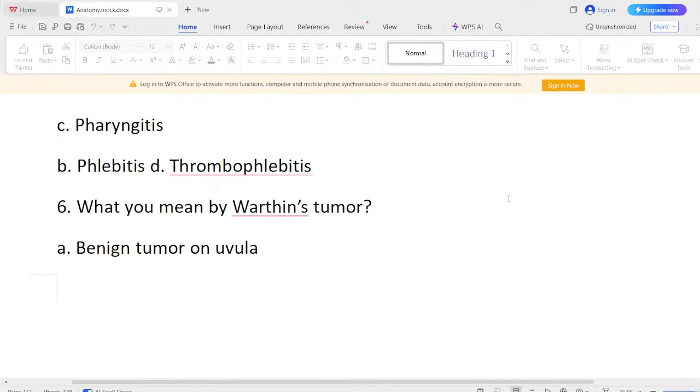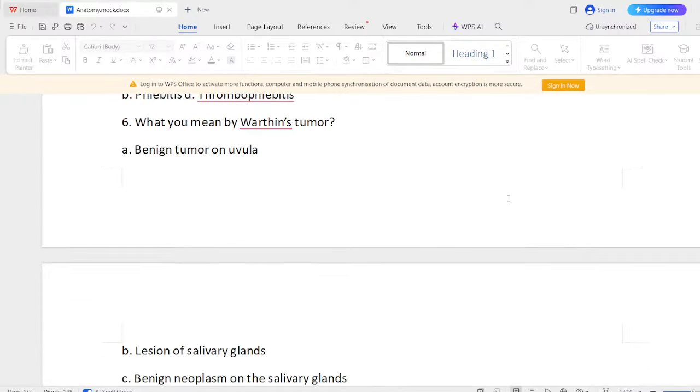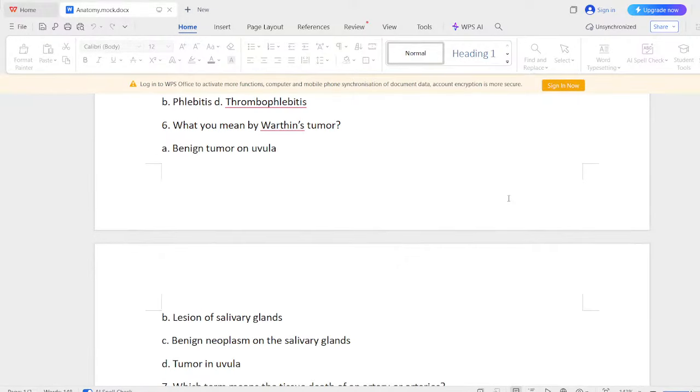Okay. Sixth one. What do you mean by Warthin's tumor? What is Warthin's tumor? Bhagya, correct answer. Abhidha, correct answer. What is Warthin's tumor, guys?